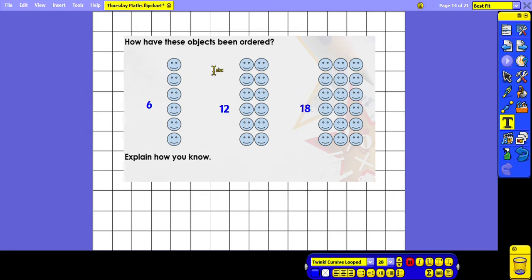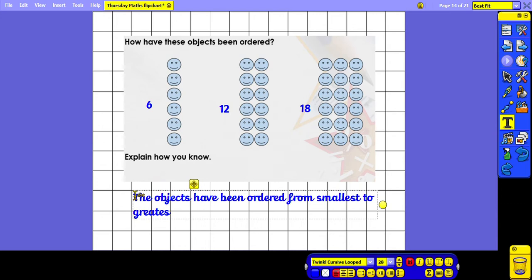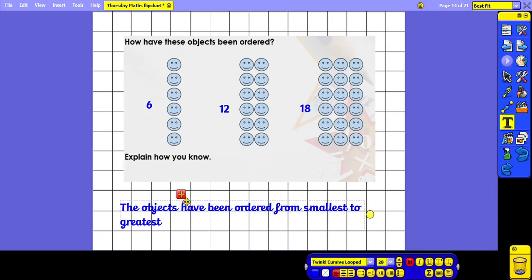So the objects have been ordered from smallest to greatest because 12 is greater than 6 and 18 is greater than 12. And the smallest is here and the greatest is here.